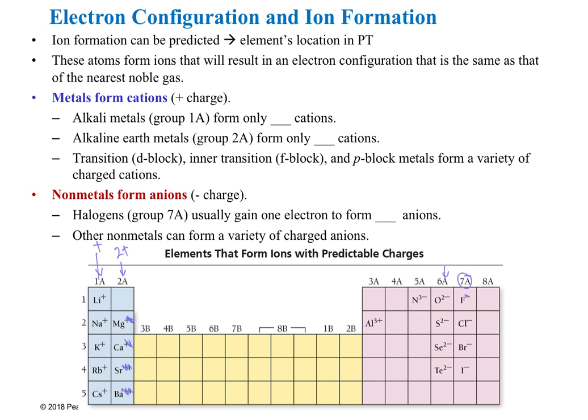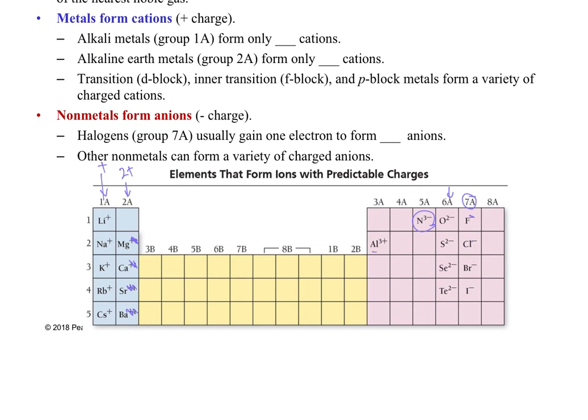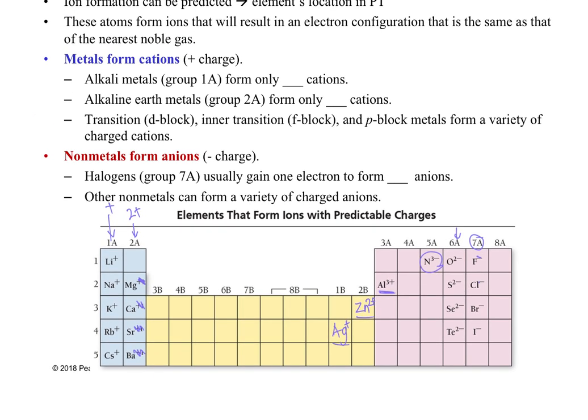And then the group 6A, the chalcogens, are all -2, because if they gain 2 electrons, they become like their noble gas. And nitrogen even gains 3. Other ones I want you to know are that aluminum is always +3, zinc here is always +2, and silver is always +1. So we have a 3, 2, 1 kind of stairs starting with aluminum. So again, alkali metals always form +1, alkaline earth always form +2 cations.